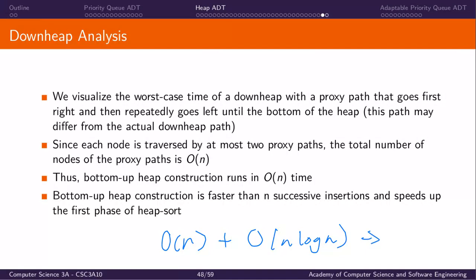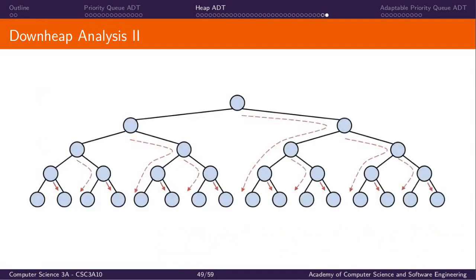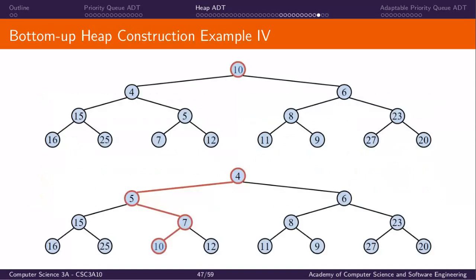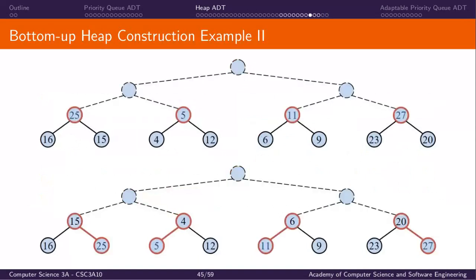We still end up with something that's order n log n time, but we have made this part go quicker, and what we end up with is still something that's significantly better than our initial PQ sort that was order n squared time. All right. And this is showing that those proxy paths would end up touching each node at most 2 times. That's how we end up with that order n, that linear time method for a bottom-up heap construction.